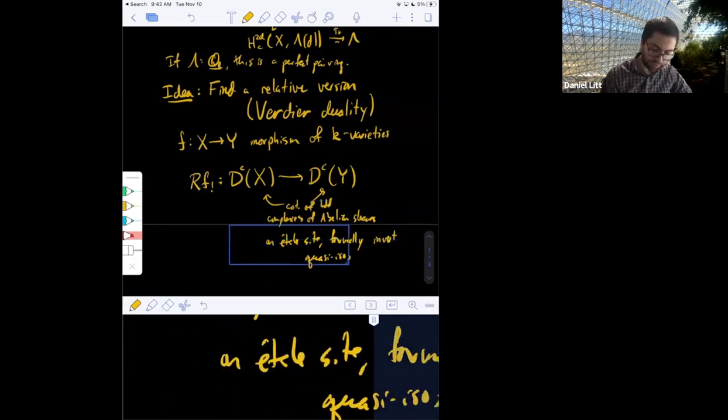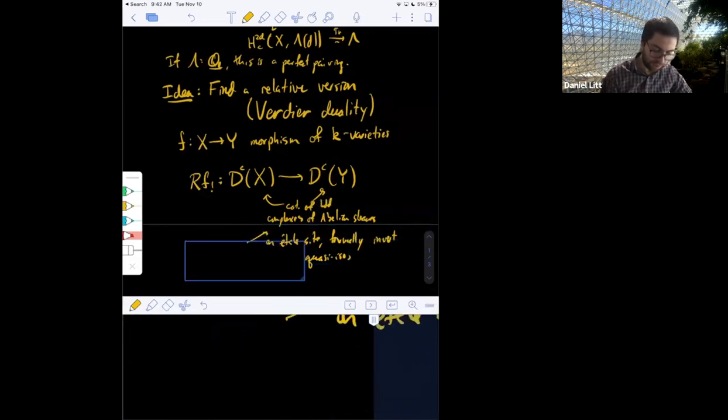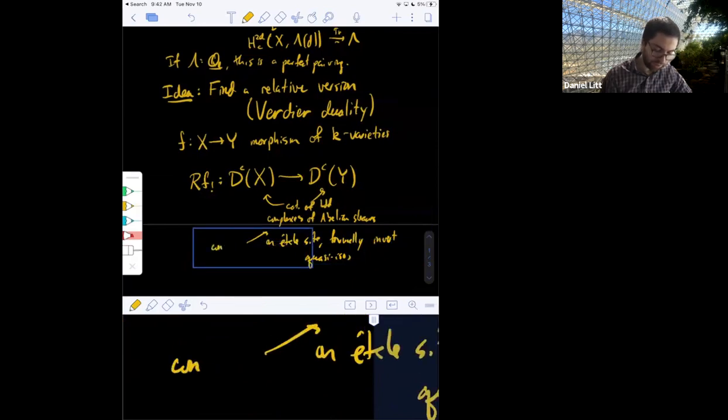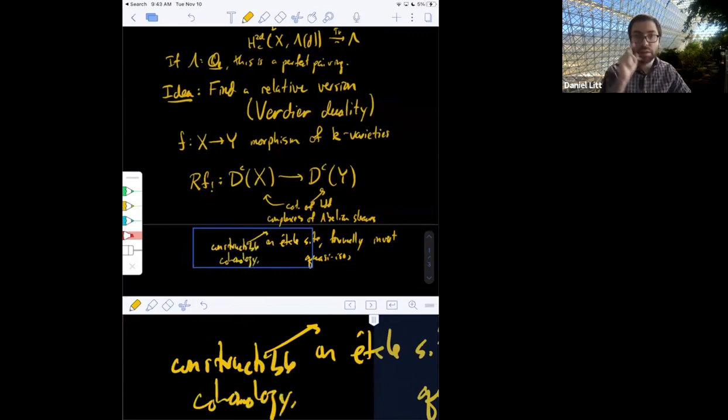And these complexes have to satisfy an additional property. They have to have constructible cohomology. Loosely speaking, what you should think of these complexes as is complexes of abelian sheaves which are built out of constructible sheaves. So in particular, their cohomology sheaves are constructible, and then we're only viewing them up to quasi-isomorphism.